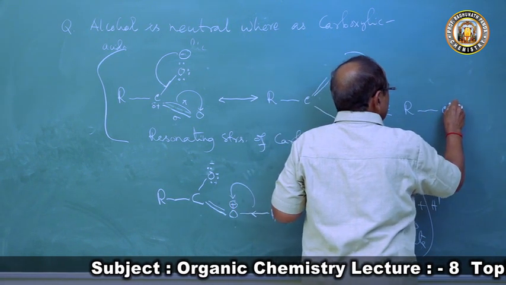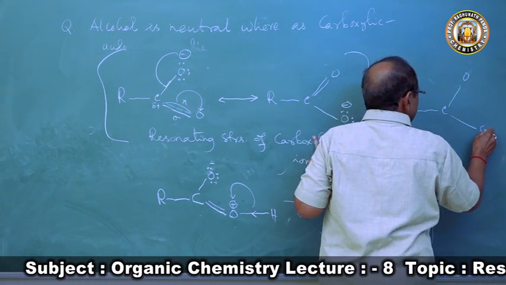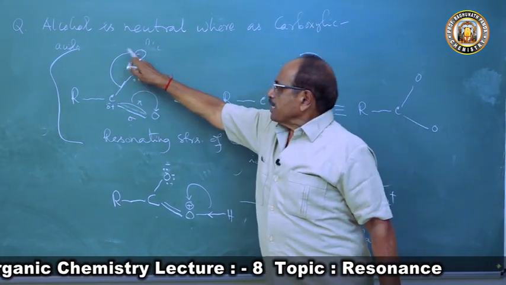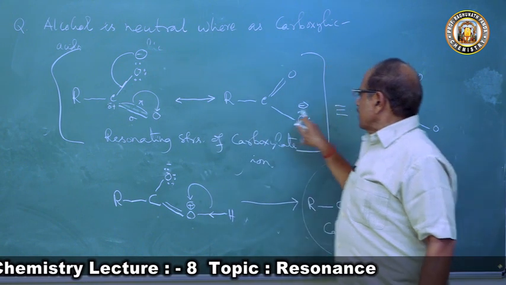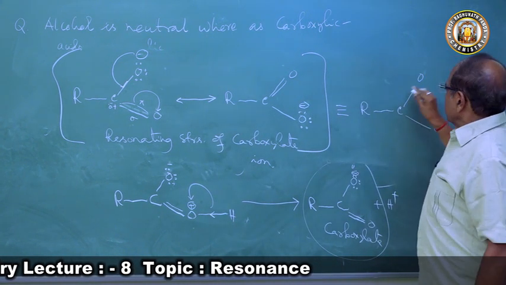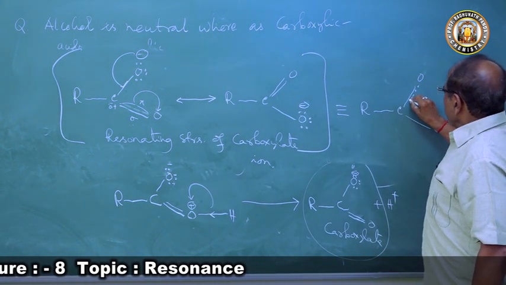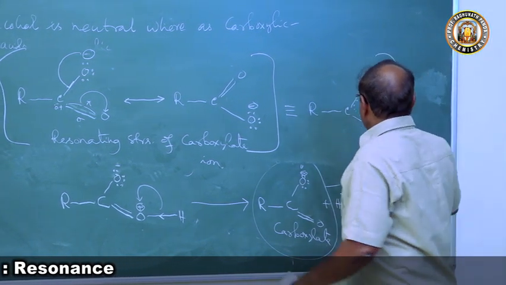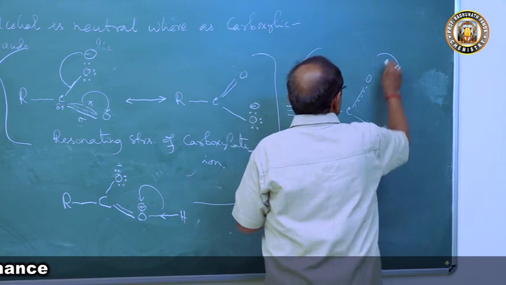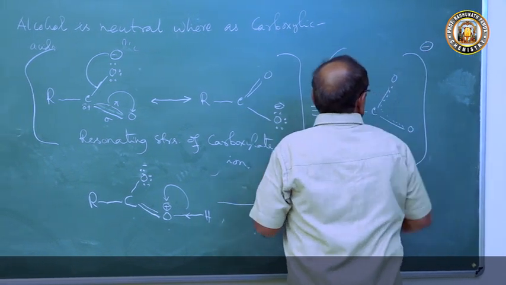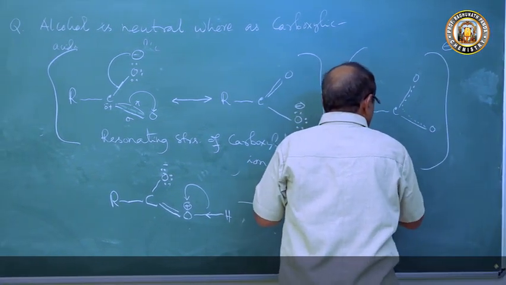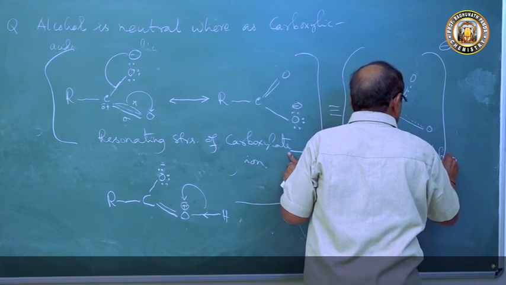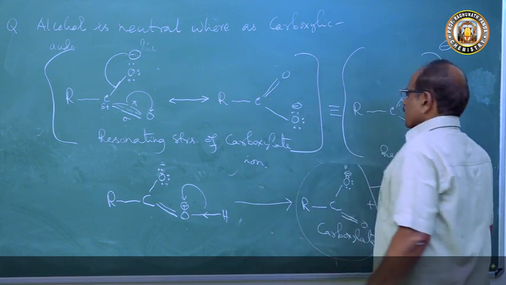R, C, O, O remains. Now there was a negative charge here, so this came to this place and got the negative charge. So there is a movement of the negative charge from this oxygen to this oxygen. So the whole carboxylate ion now gets the negative charge. So this is the resonance hybrid of the carboxylate ion.